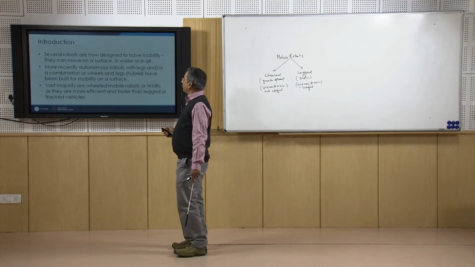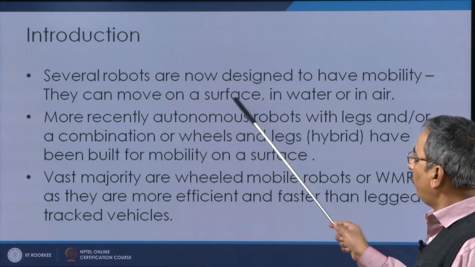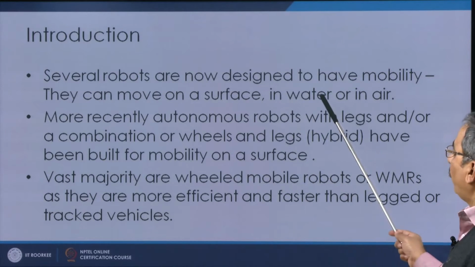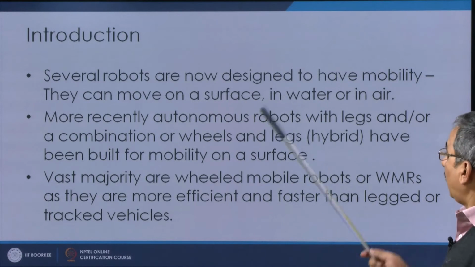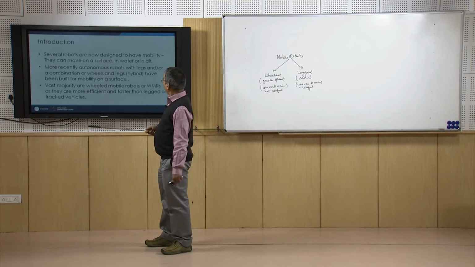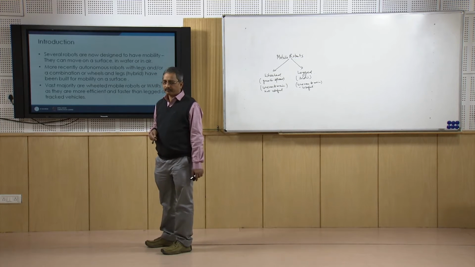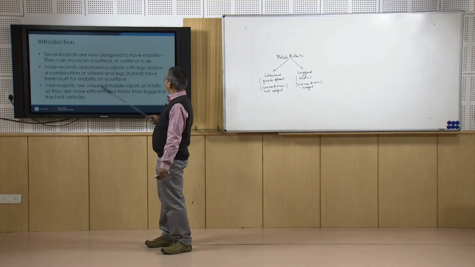So, several robots are now designed to have mobility, and of course, they can move on surface, water, as underwater robots or in air. The one which you are seeing these days is quadcopters.